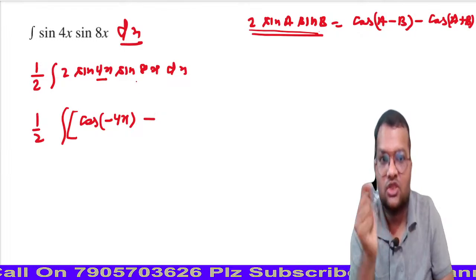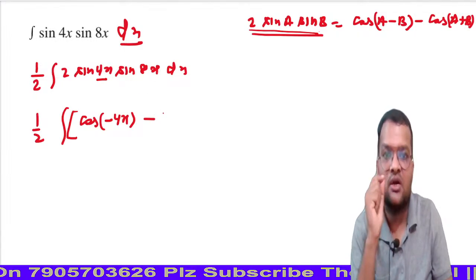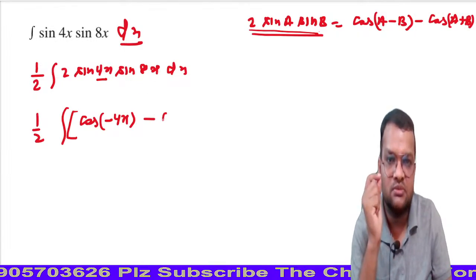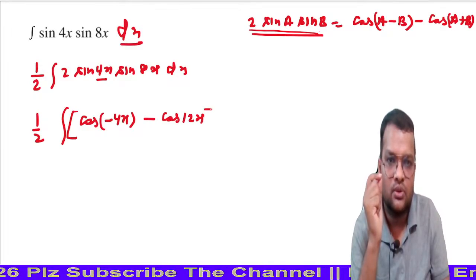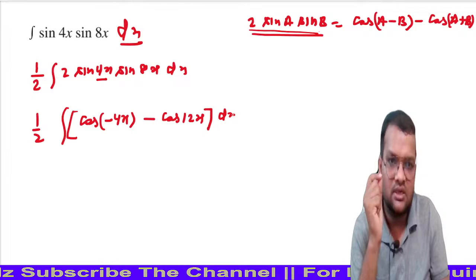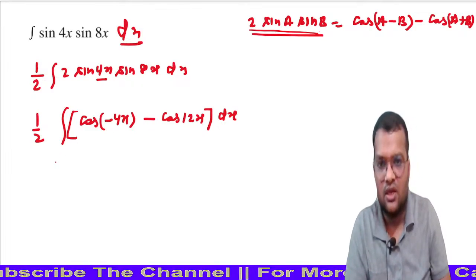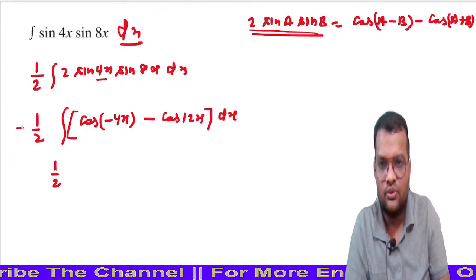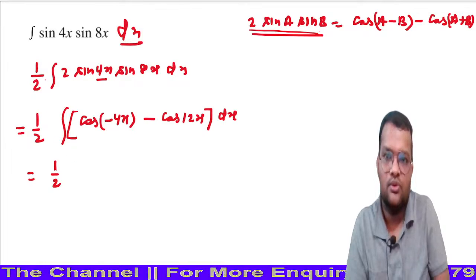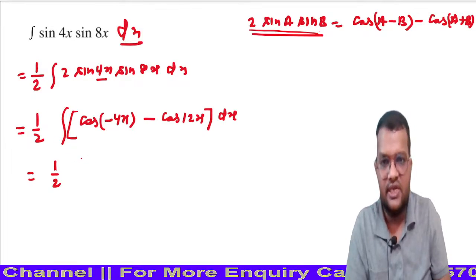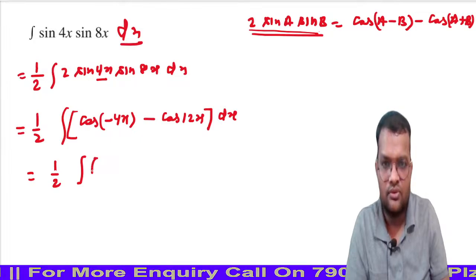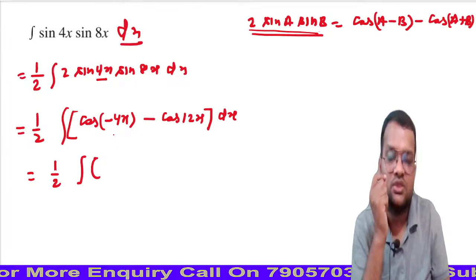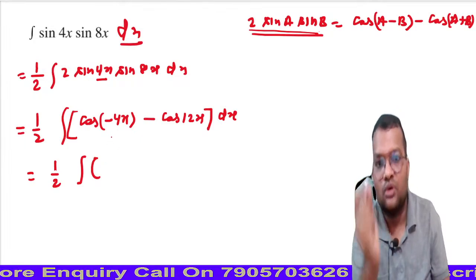Minus cos(a plus b), meaning 4x plus 8x is equal to 12x. It becomes cos 12x, whole integration dx. Now it is 1 upon 2 integration of cos minus 4x. Cos minus theta is equal to cos theta, you know.